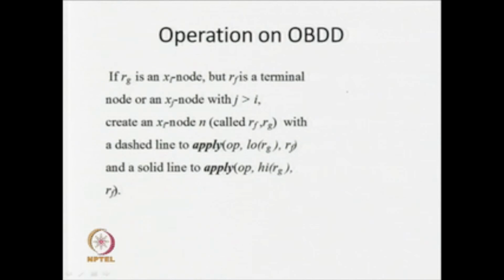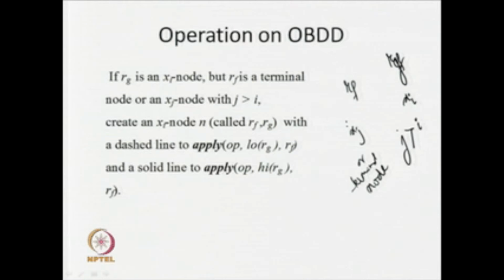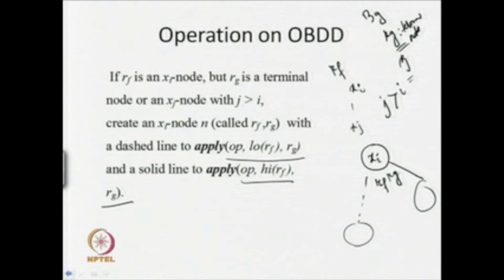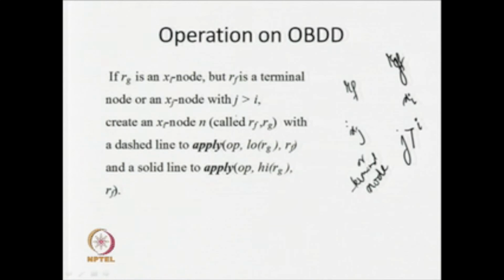What we are saying is that RF is an xj node or terminal node, and RG is an xi node, and here it says that j is greater than i. So, this is a similar situation like the previous one, but in that particular case we said that RF is an xi node, but now we are saying that RG is an xi node.